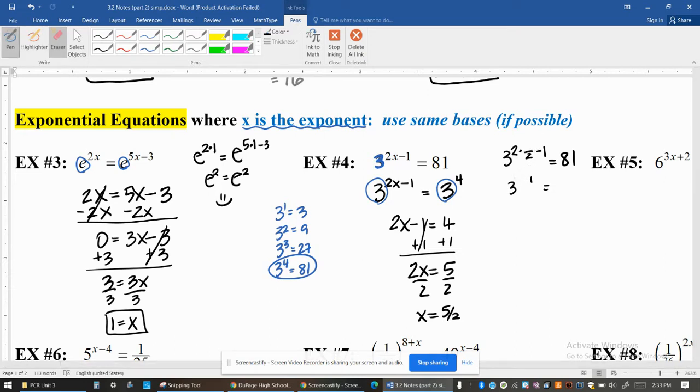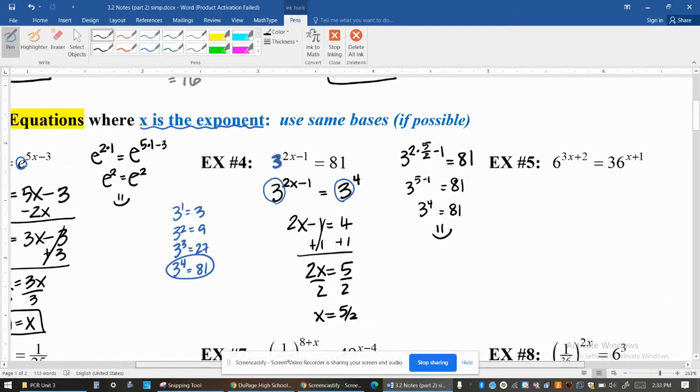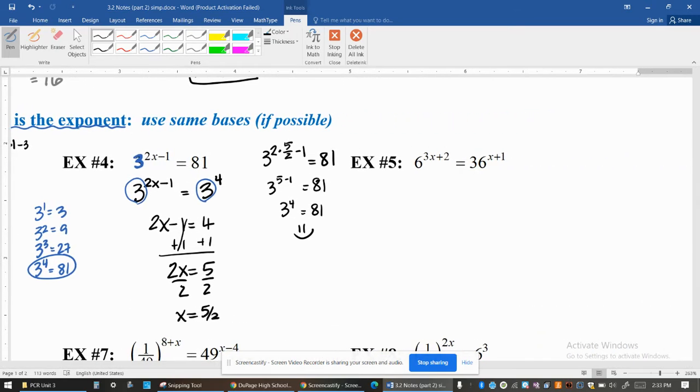There we go. That's why I like this, because you can check your work. Okay, so 2 times 5/2 is 5. 5 minus 1 is 4, and 3 to the fourth power is, in fact, 81. If you noticed, I previously had put 3/2 by accident, and I realized that was not going to work. But then I noticed my mistake, and I realized that it did work. So 5/2 is the correct answer.